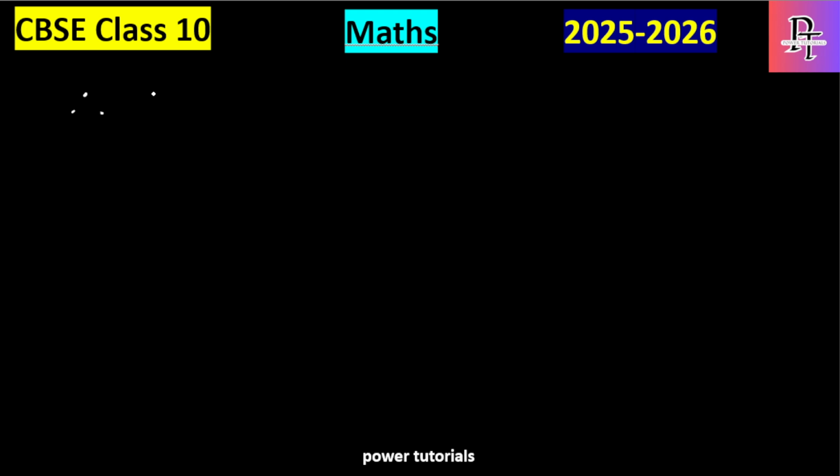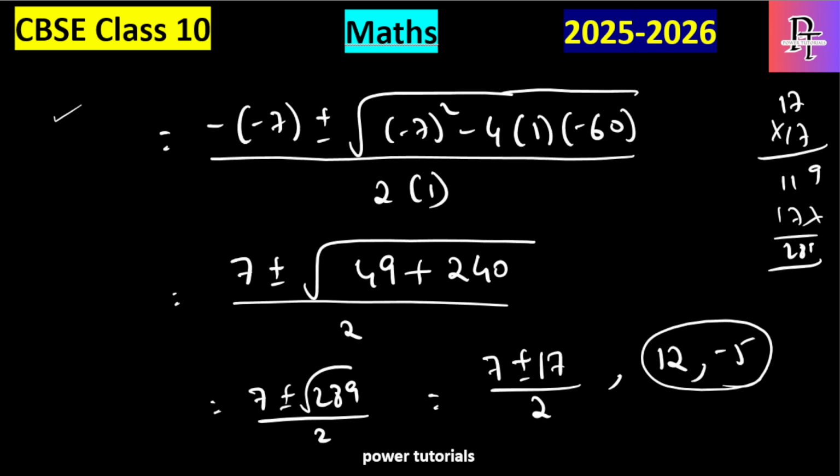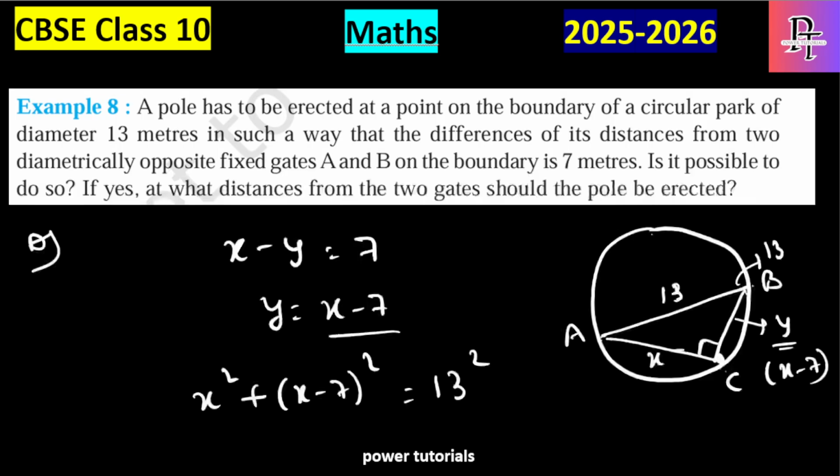Therefore the first distance x is equal to 12, and the second pole distance is equal to how much did we get? We have assumed it as x minus 7.